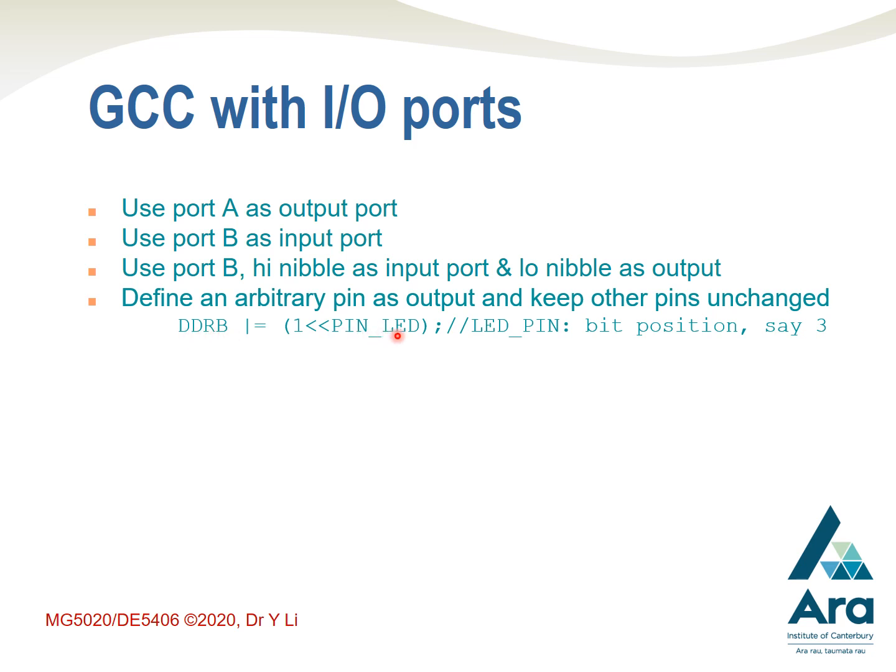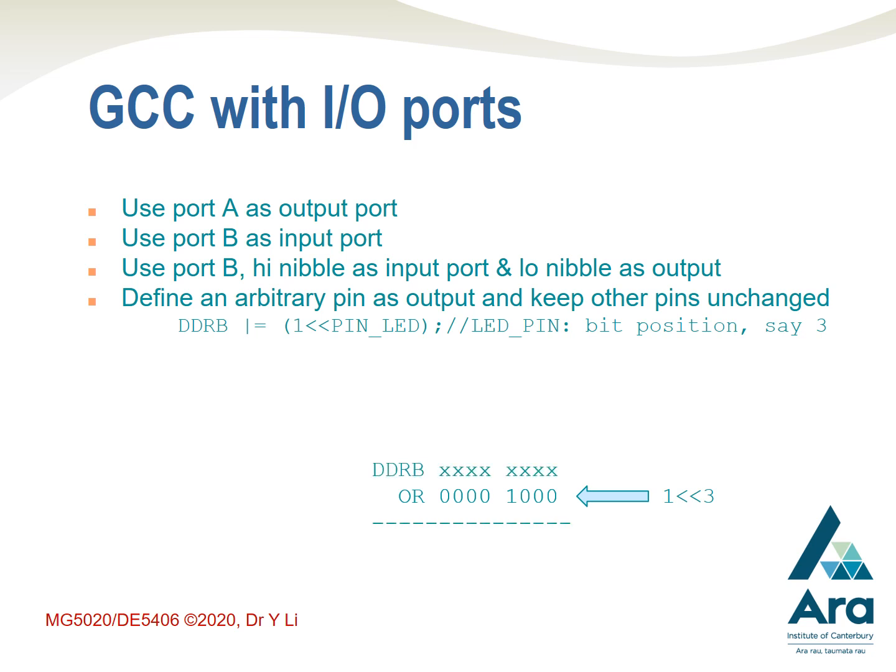And that's supposed to be the pin connected to the LED, which will be predefined. Suppose it's equal to 3, then that will be 1 shifted to the left by 3 times. 1 shifted to the left by 3 means we get a binary number with a 1 in the bit 3 position.